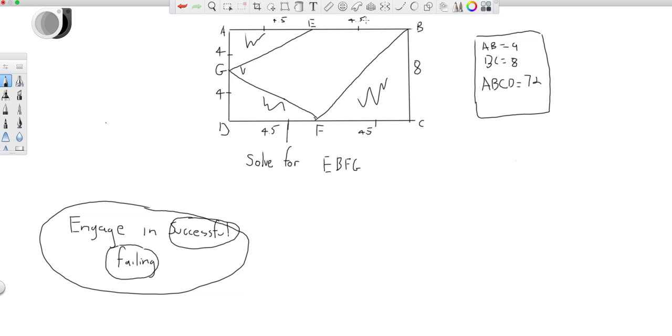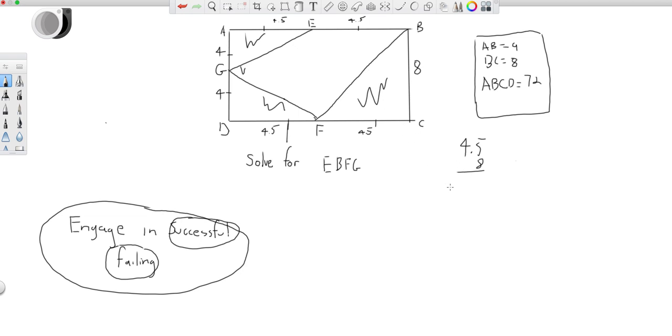Then we're going to solve for the parts that we don't know. I'm going to grab the calculator on my phone. You can't see it, but we've got it. We're going to solve for BCF. That's 8 times 4.5, or 4.5 times 8. On the calculator, that is 36.